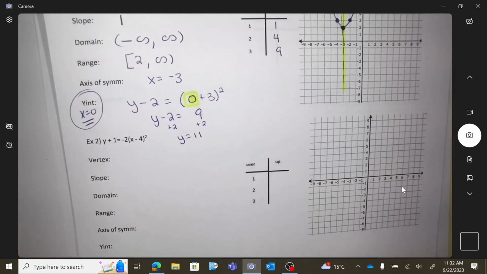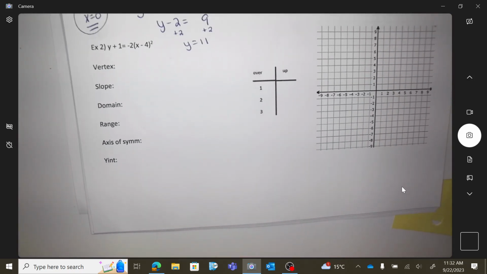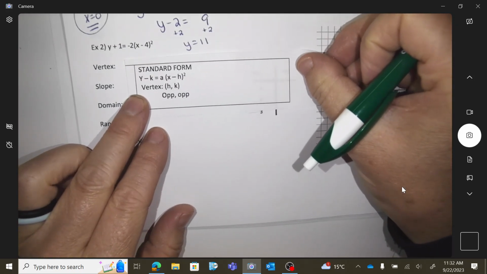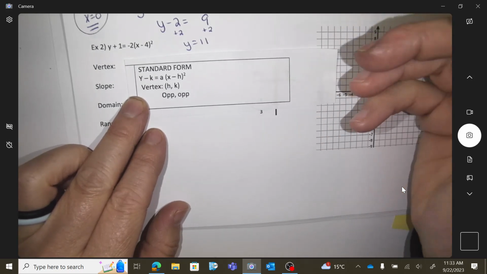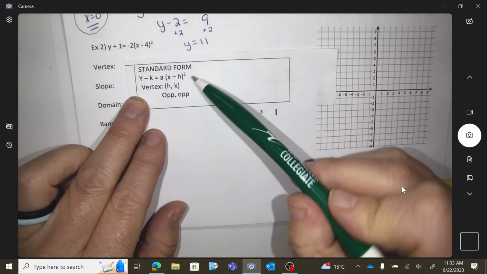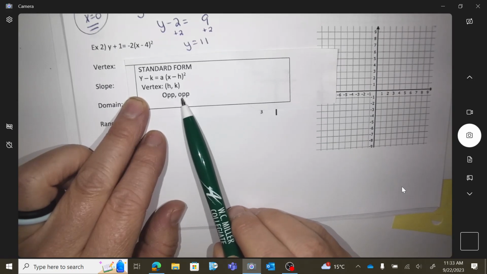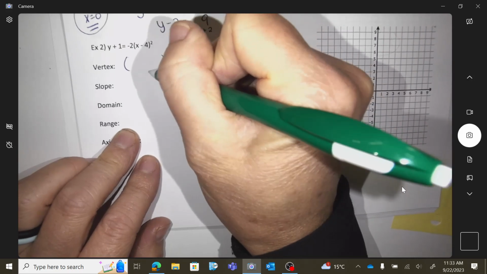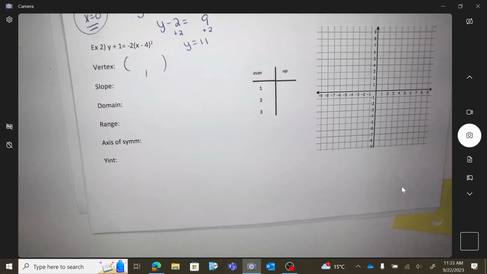Okay, number 2. When you look at your slip of paper, would you agree that it matches this exact format? If it matches this format, I need to take opposite numbers. So with that in mind, everything is opposite.